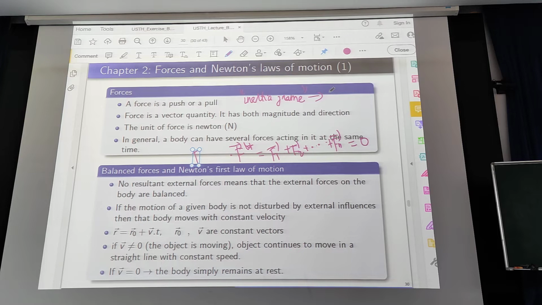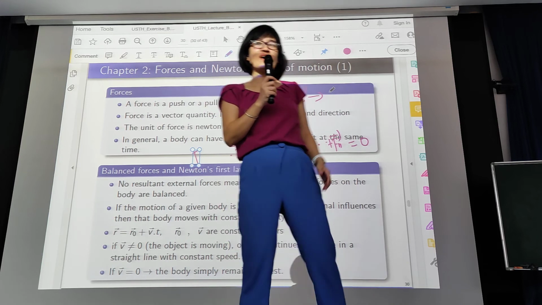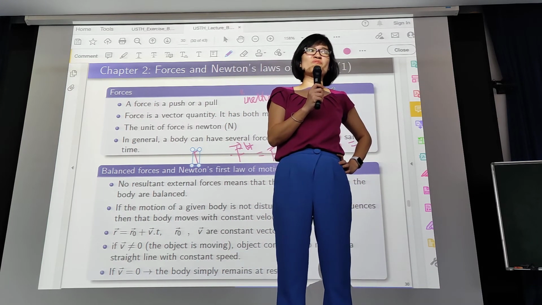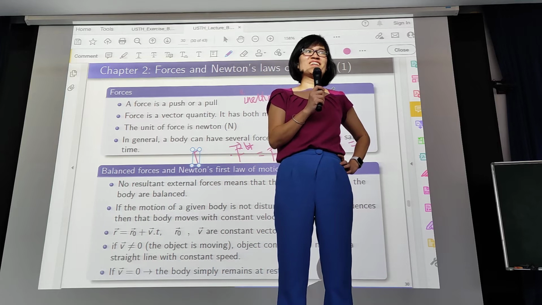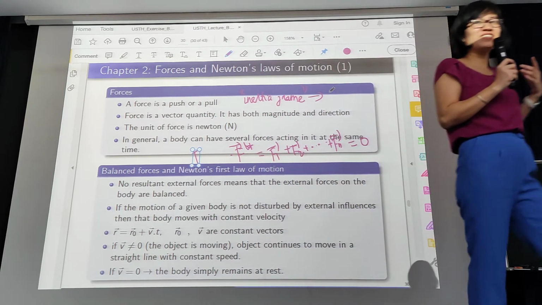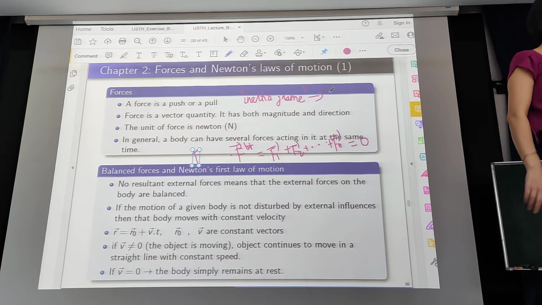Yes. Okay. So, who can give me another example? You are resting, and then the frame is moving, and then you are moving. The train or the car. At the beginning, they are resting with respect to the ground. Yes. And then the car, or you are sitting on the motorbike, okay? Yes.